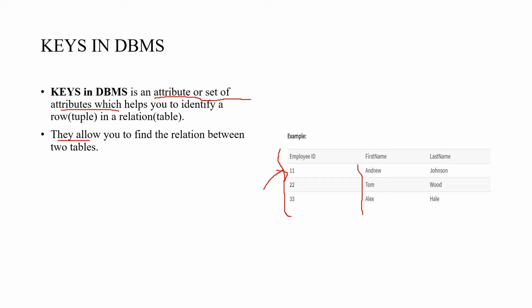For example, here we can use first name with his phone number. First name with his phone number gives a unique value. It is used as a key to find the particular record. So, a key in a DBMS is an attribute or set of attributes to identify a row in a relation.